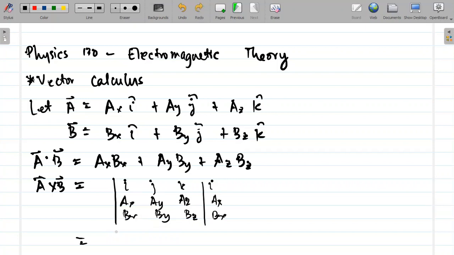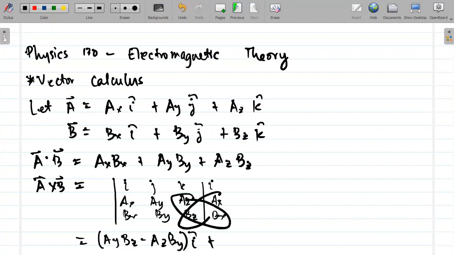So, bale, sa i hat muna, we have ito, AYBZ minus AZBY i hat. Sa j hat naman, itong dalawa.